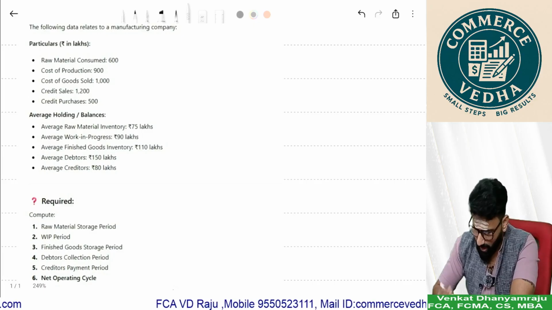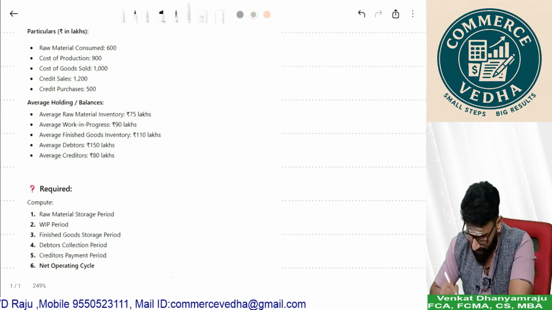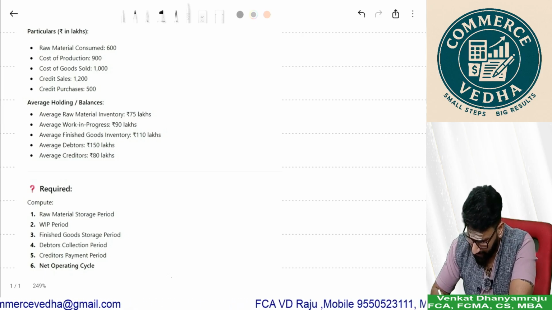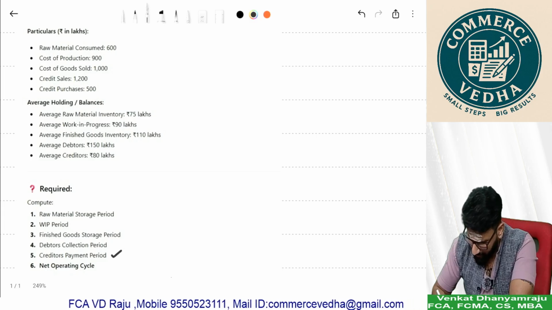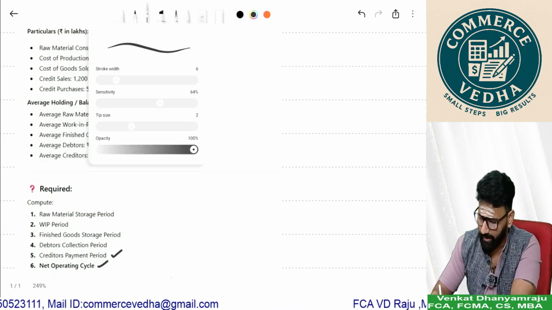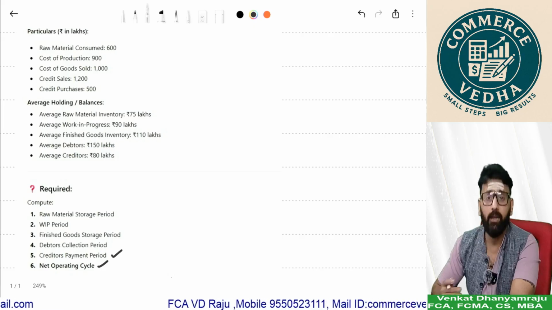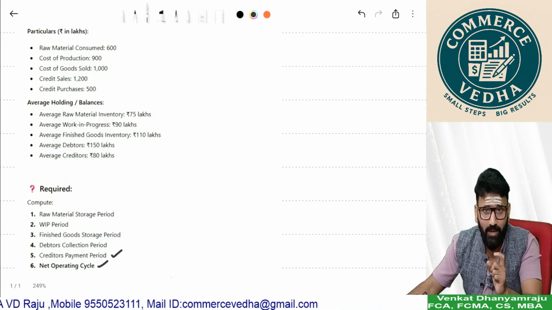Data is given, and now they want us to compute raw material storage period, WIP period, finished goods period, debtors collection period, creditors payment period, and the net operating cycle. This is the data given, and we are asked to compute the total net operating cycle.